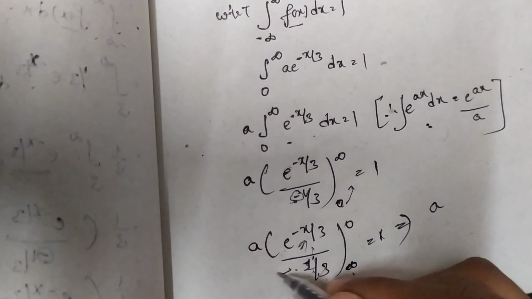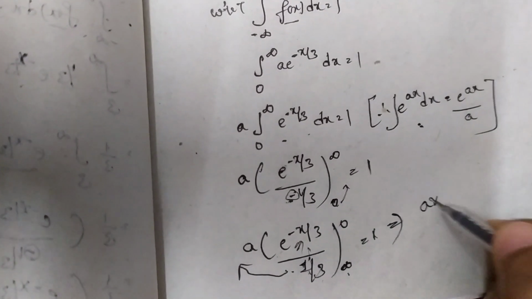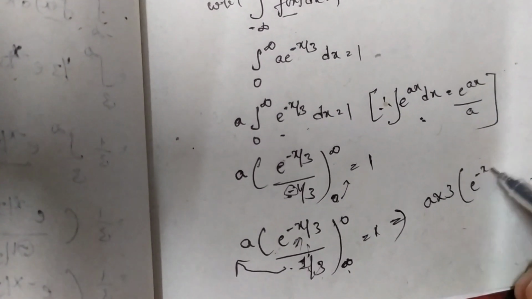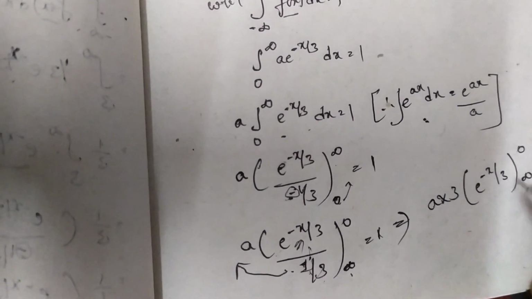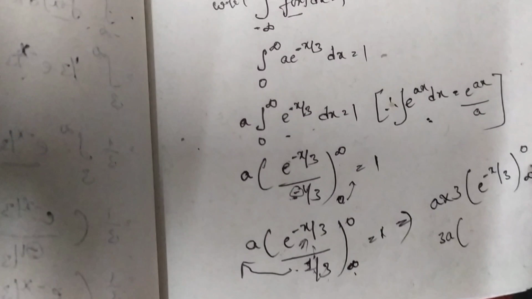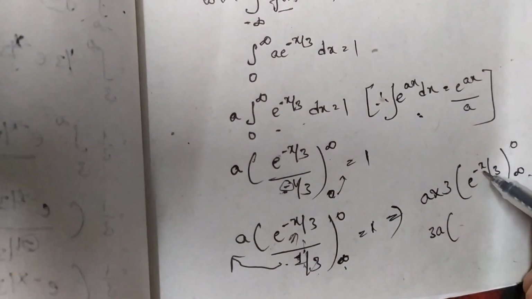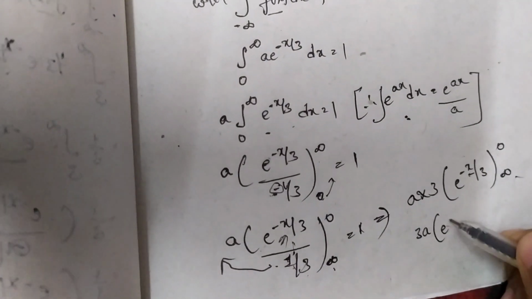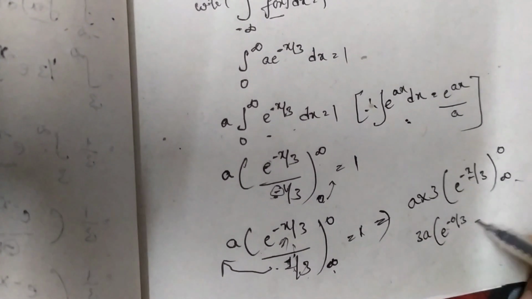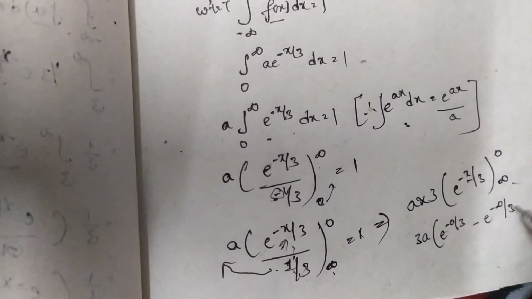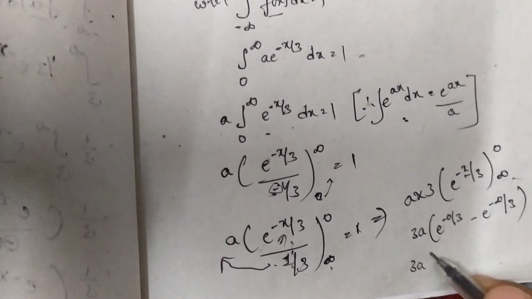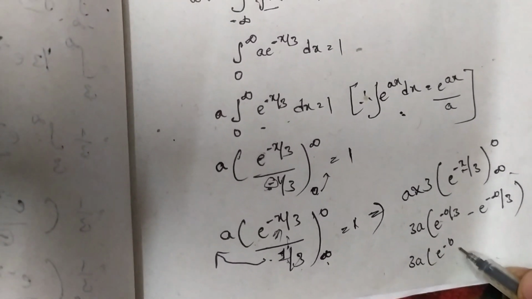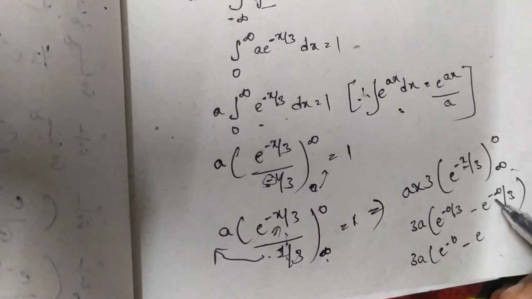By transferring it to the right side, it will be 3a multiplied with e power minus x by 3, from infinity to 0. By substituting 0 one time in place of x and another time infinity in place of x, we get e power minus 0 by 3 minus e power minus infinity by 3. 3a equals e power minus 0 by anything is 0, minus e power minus infinity by 3.